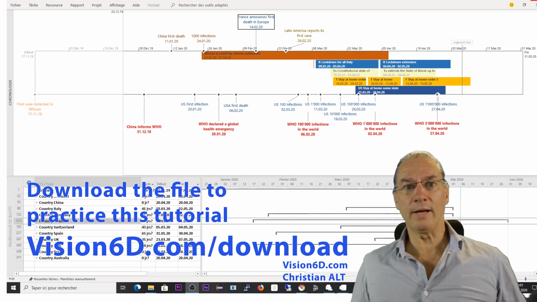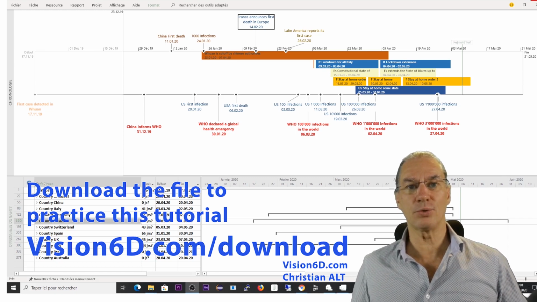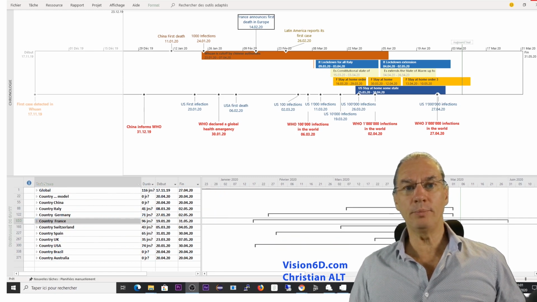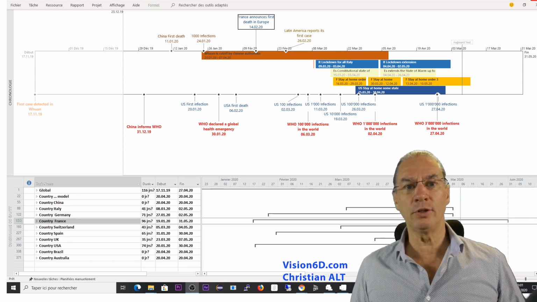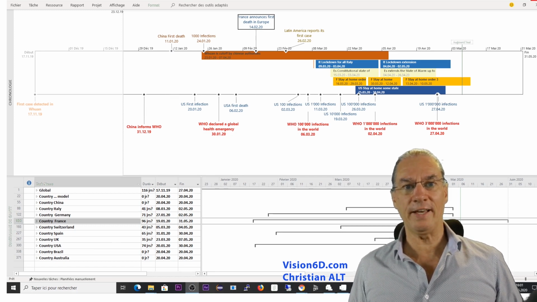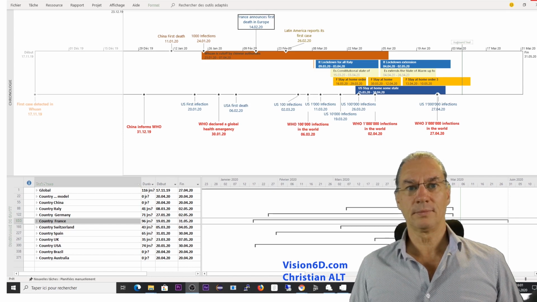Of course, you can download the file on our website, which contains all those elements that you see in front of you. You will be able to play with it. And there is also an additional file, which is an Excel file with a list of all the events of the COVID-19 pandemic. A lot of countries are covered, but of course, not all of them.